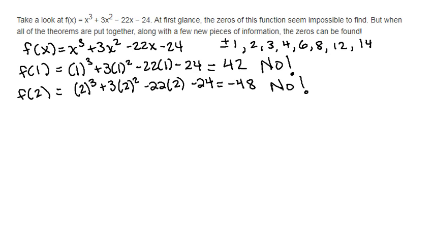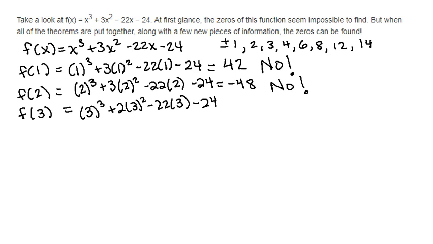So then we'll try positive 3 and see if that works. F of 3 equals 3 cubed plus 3 times 3 squared minus 22 times 3 minus 24. I've already worked that out, and I know it comes out to negative 36. So no, this is not a root. All right, let's keep going. I know one of these numbers has to work.